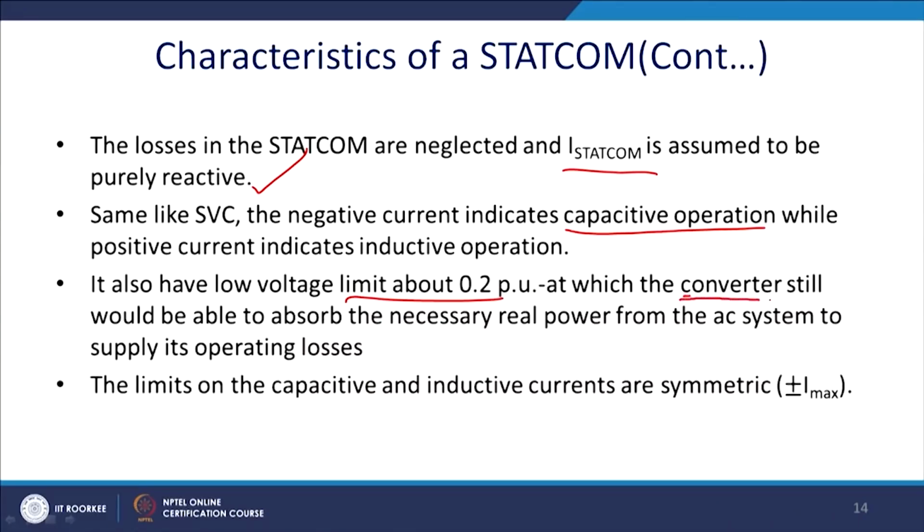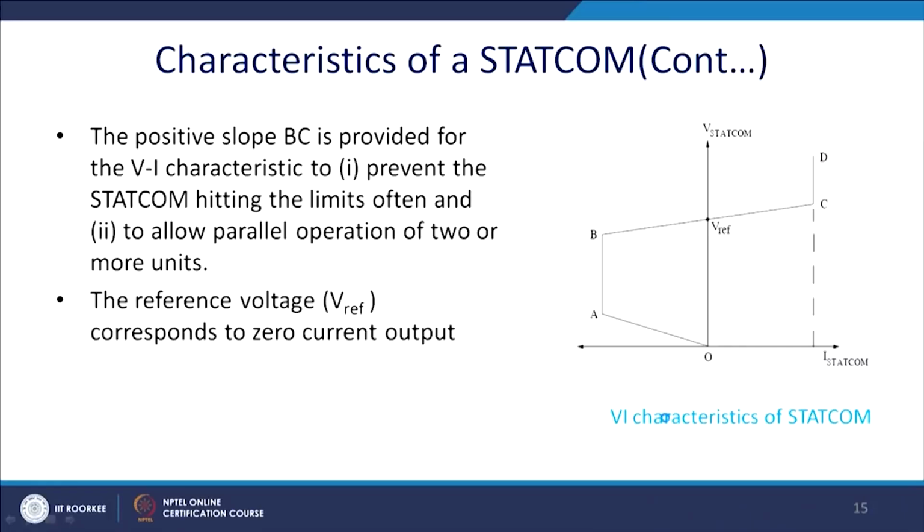It also has a low voltage limit of 0.2, which is a quite important feature of the Statcom, at which the converter would still be able to absorb the necessary real power from the system and supply the losses, and thus can compensate the reactive power. The capacitive and inductive limits are symmetric, plus minus I max, which is provided as the limit by the switches, mind it. So, this is the characteristics of the Statcom as we have discussed in the case of the SVC.